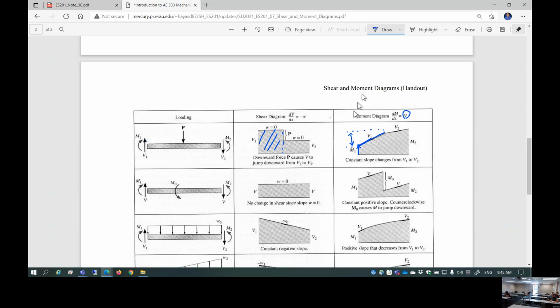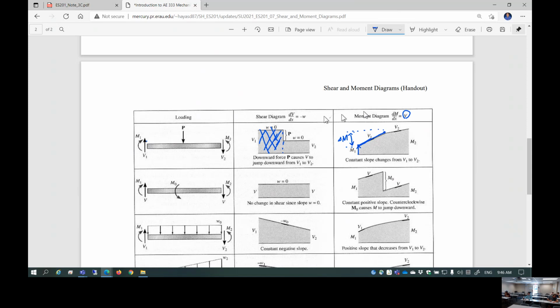So this is the delta M starting from M1 right here. And then this is linearly increasing because the slope is B1 constant. So you want to know the value right here. What's the value of moment here? This is delta M. That is the area under this curve. So this much area, B1 times this much distance, gives you delta M. That's what the equation says.